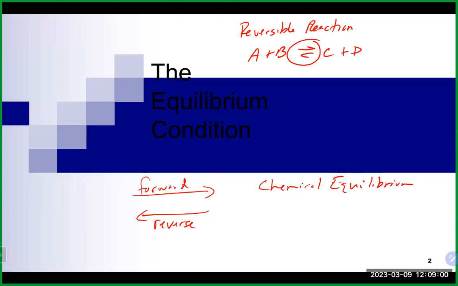It doesn't mean that when you reach chemical equilibrium, you have the same amount of everybody on each side. That's really not what it means. It actually means more of what we were just talking about in the previous chapter. It means more about the kinetics of what's going on. It means that when it reaches chemical equilibrium, the rate of the forward reaction will equal the rate of the reverse reaction.